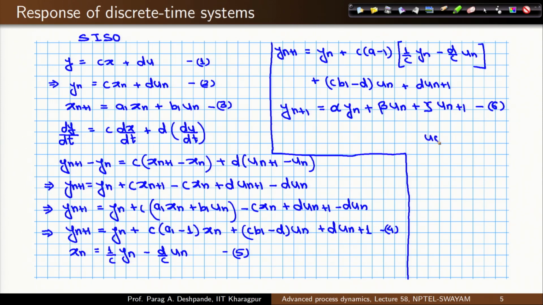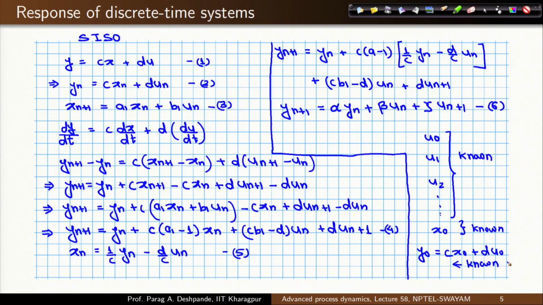U 0 is known, u 1 is known, u 2 is known, and so on. All of these are knowns, right, because you have the forcing function. Because you have an initial value problem, x 0 also would be known, and since x 0 is known, y 0 is equal to c x 0 plus d u 0, this would be known.